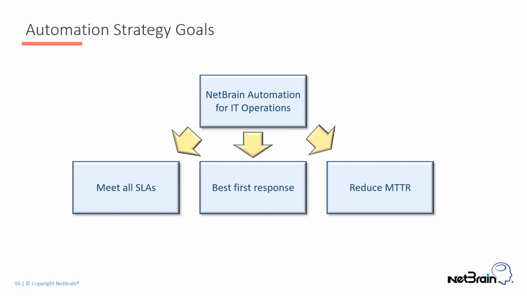So triggered automation here eliminates that gap between detection of an event and the act of investigating. By ensuring a consistent, comprehensive first response for network operations the moment a problem is detected, and automating that diagnosis and those data analytics, all of our problem resolution times are greatly improved. So that's really the role of NetBrain automation.